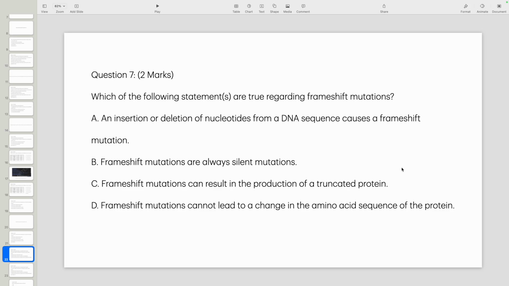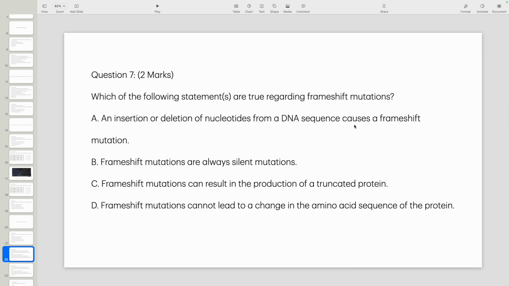We have another answer which includes A, C, and D. So the correct option would be A and C. An insertion or deletion of a nucleotide from a DNA sequence causes a frame shift mutation, which is true.